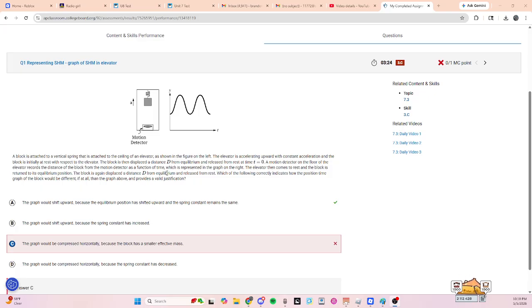Okay, so since it's going up, that means there's a force applying up and going against the FG. So that means the equilibrium point should be higher than it is without the elevator.